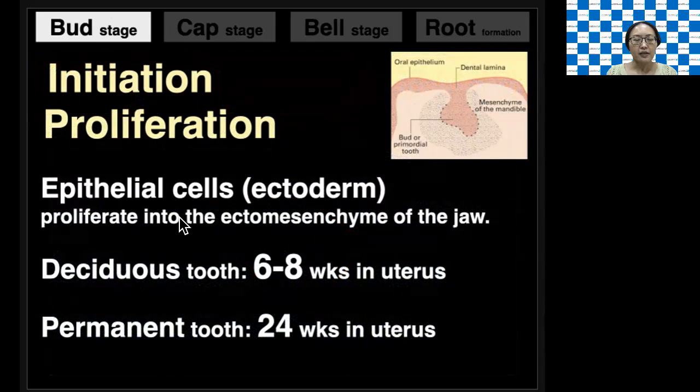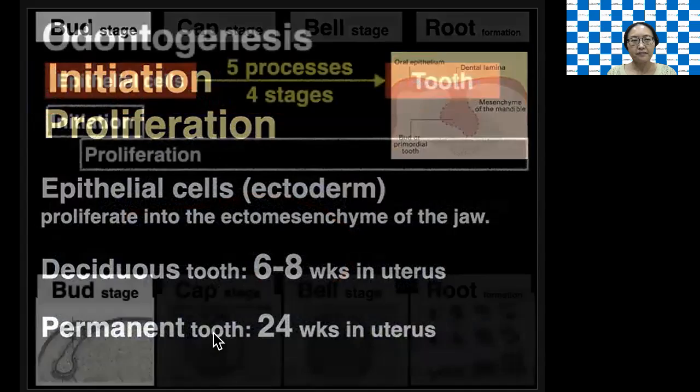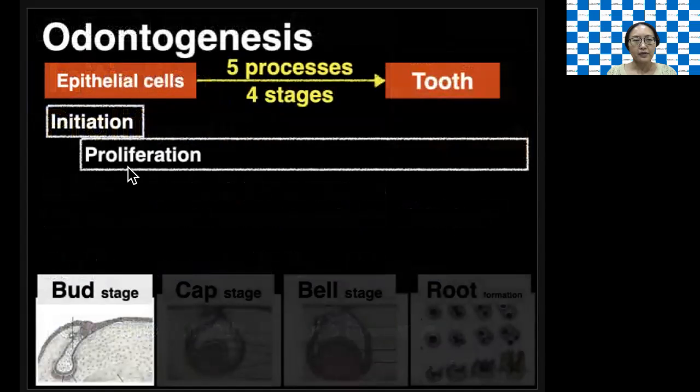It starts from 6 to 8 weeks in the uterus for the deciduous teeth, the primary teeth, and 24 weeks in the uterus for the permanent teeth. So the two processes in the bud stage are initiation and proliferation.